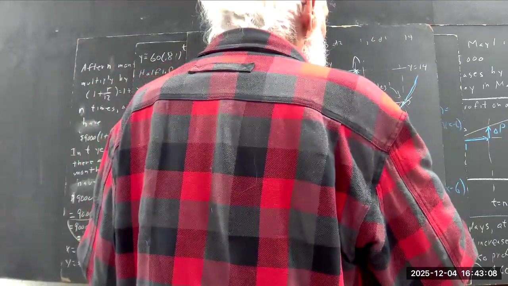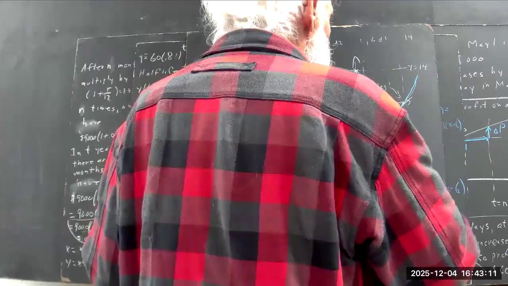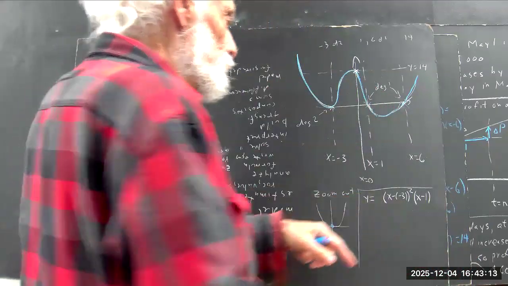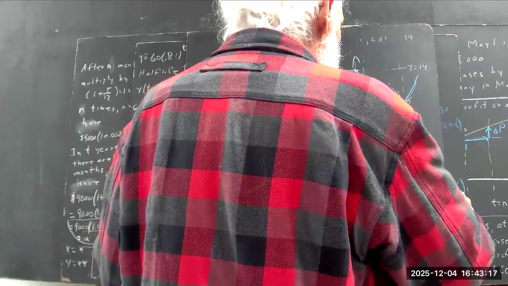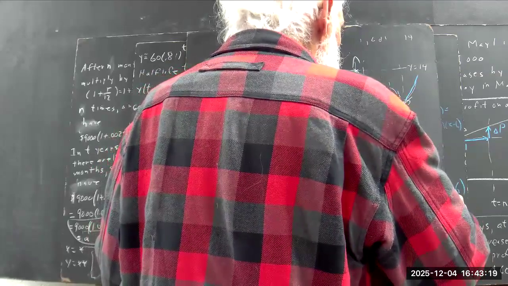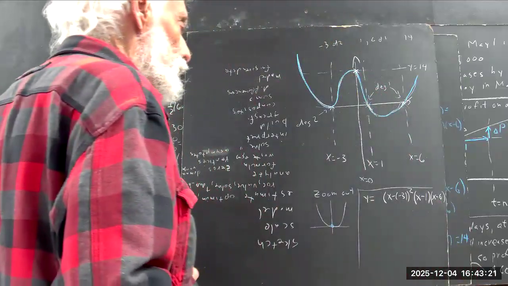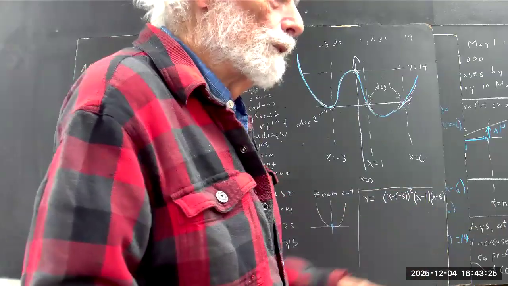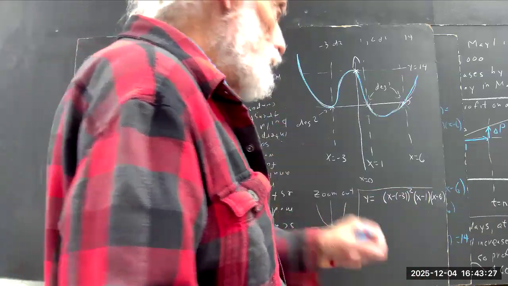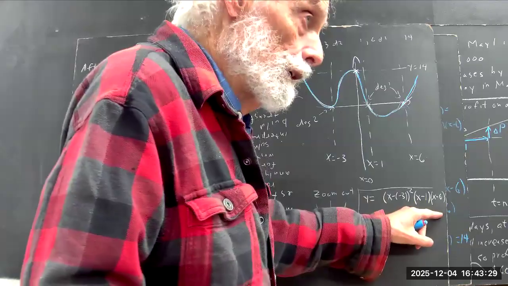And then we're going to have a 0 at 1. Well, that comes from a factor x minus 1 and a 0 at 6. So we're going to have a factor x minus 6. Now, there might be other factors, but we have at least this, and this.